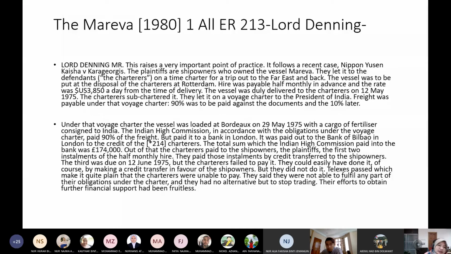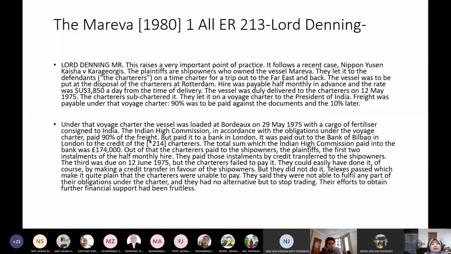So basically, in this case, the plaintiffs are ship owners. They own the vessel. The vessel name is Mariva. They let it to the defendant charterers on a trip out to the Far East and back. So Alia, can you find it or not yet?